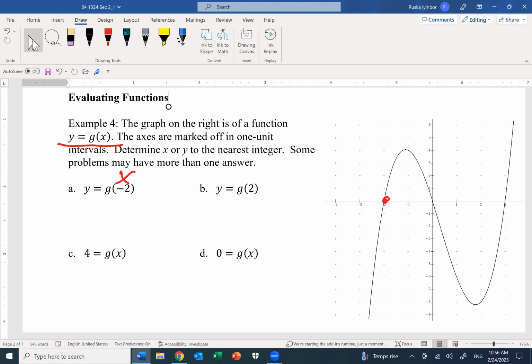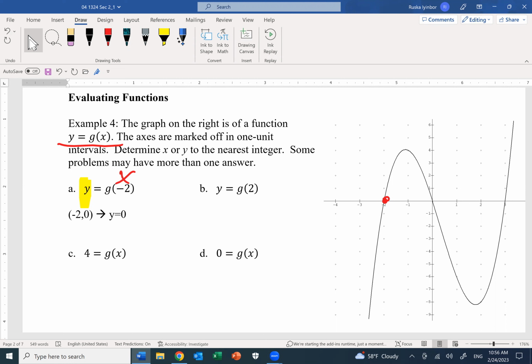So the point, I'm going to put it also here, is (-2, 0). They're asking what is y, so y equals 0. That's your answer, y equals 0.